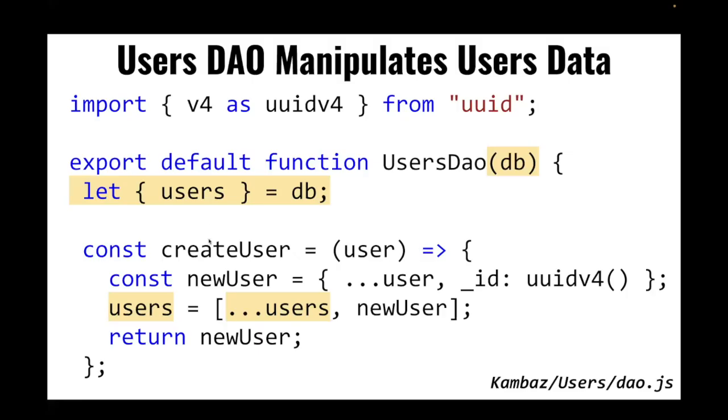So for instance, here we have a function that, given an instance of a new user, we can append that new user at the end of the array of users. And since this is a reference to the user's data structure in the database, this is available throughout our application. Anybody who has a reference to the database has access to the new array of users.